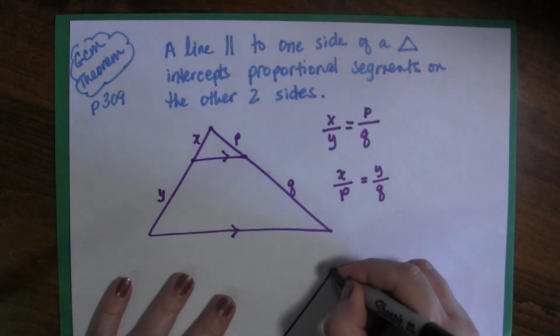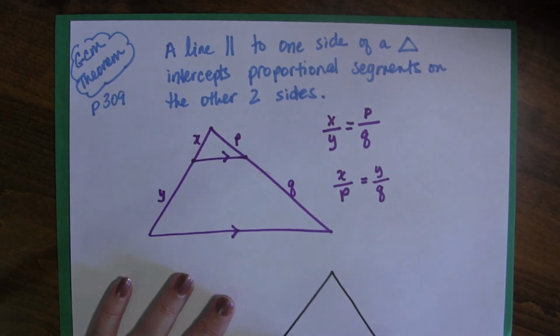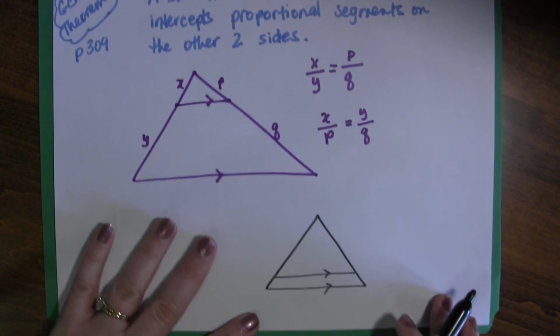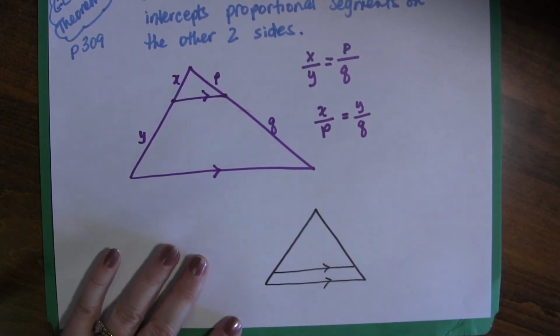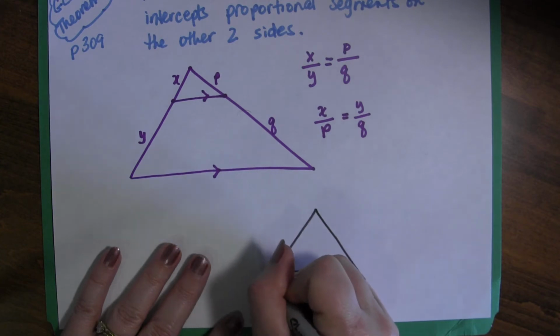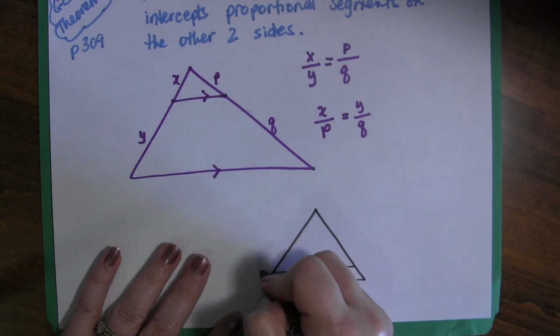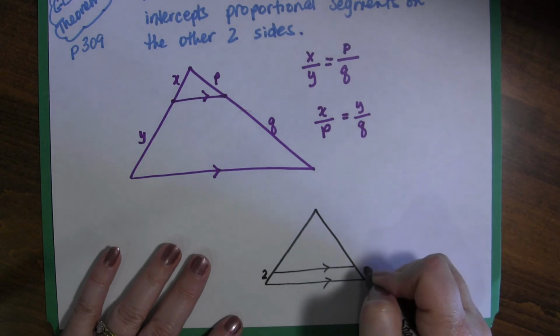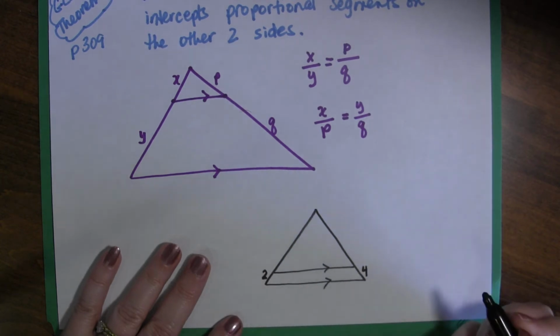So let's do an example of this particular concept. Let's say that we have this and this, and those two lines are parallel to each other. Okay? And let's say that we know that this is 2 and this is 4, just pretend.